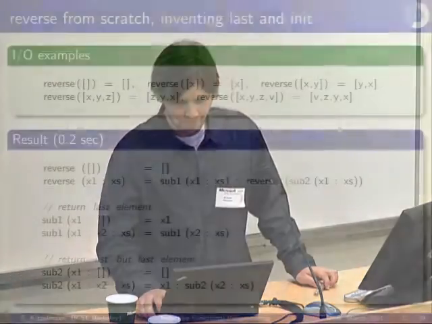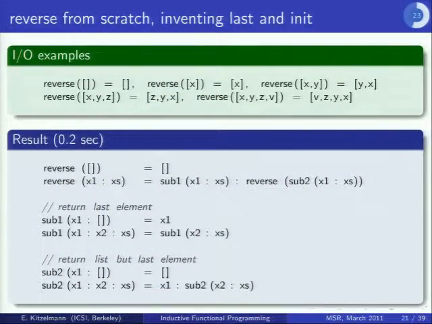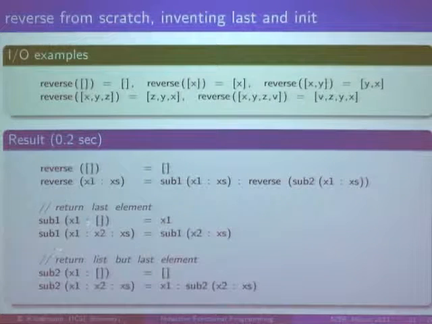Okay, so a slightly more complex example than init is the reverse function. If we synthesize reverse from scratch, just given the input-output examples here, then IGOR2 comes up with this solution, where it has inferred two sub-functions, sub1 and sub2, which are the function that returns the last element and the init function.